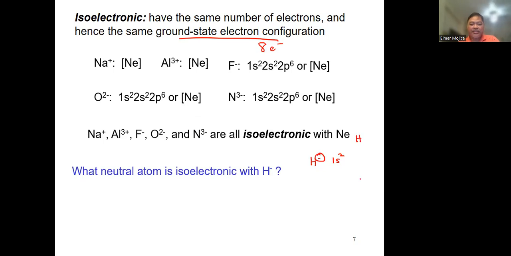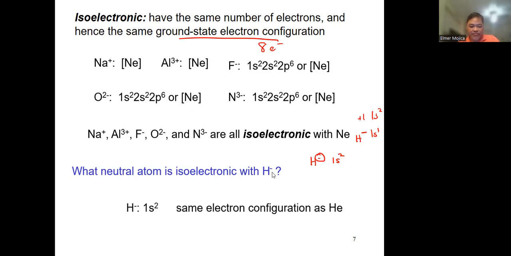From H, which is 1s1, you add a negative, so that means plus one electron, so you get 1s2. That is equal to helium. So we could say H minus is isoelectronic with helium. You might be asked a question like this in the exam.